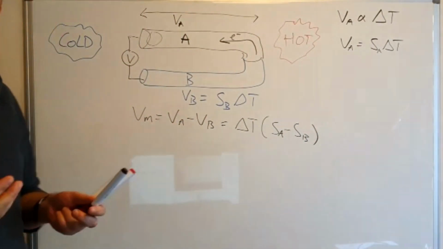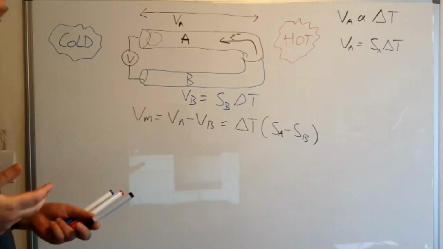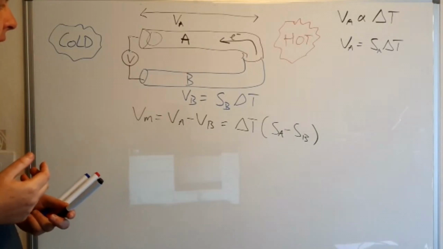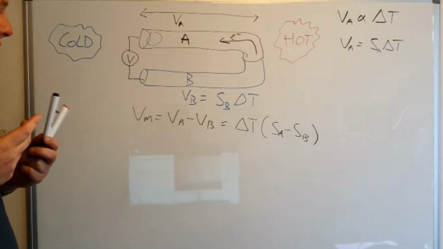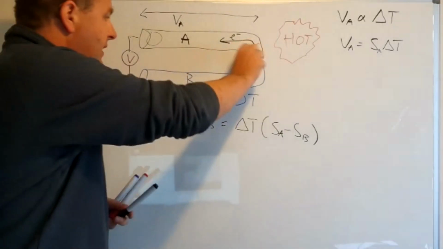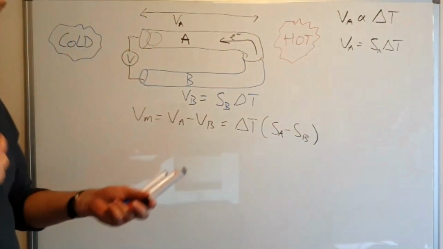Now, to a first approximation, the Seebeck coefficients are independent of temperature, but of course that's not really true. And they do depend on temperature a bit as well. So what you find is that different combinations of materials have a large difference in Seebeck coefficients in different temperature regimes.